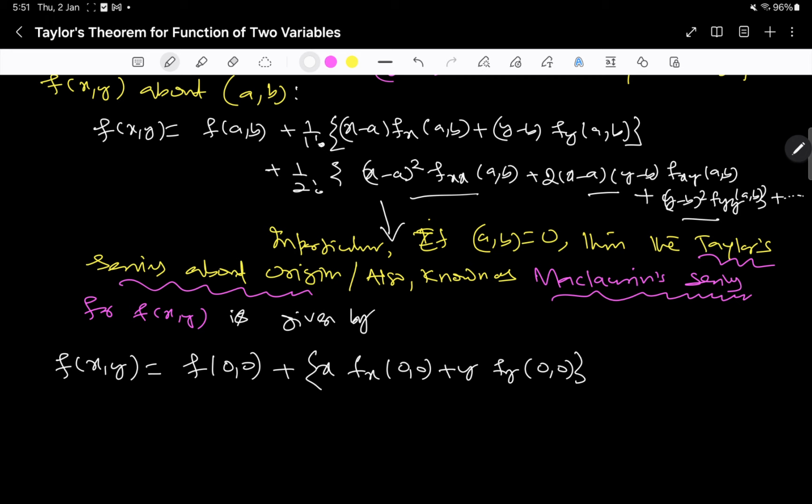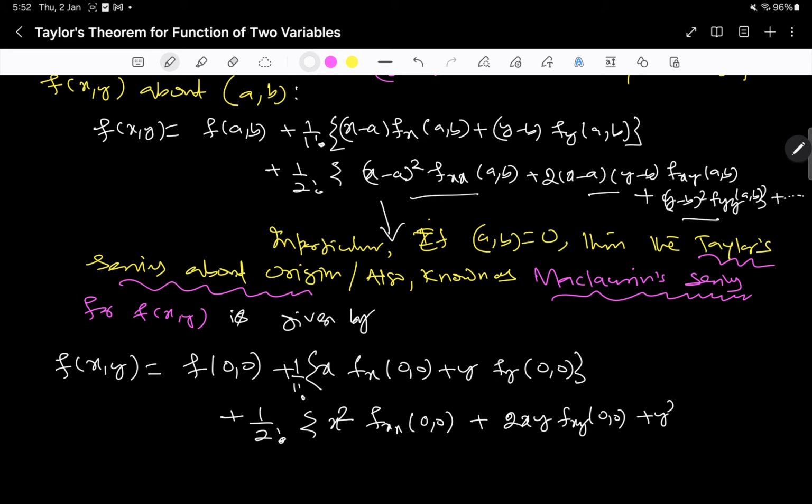Then for your 1 by factorial 2, next term, here it is 1 by 1 factorial, we are omitting it. The next term will be 1 by factorial 2 times x square fxx(0,0) plus 2xy fxy(0,0) plus y square fyy(0,0), and we continue infinitely many terms here, right?